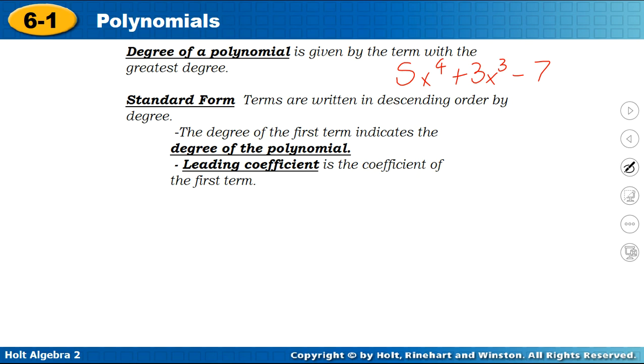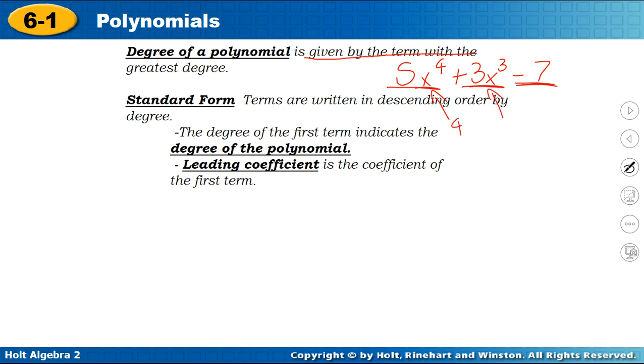But here, I just want the term with the greatest degree. So there are 3 terms here: 1, 2, 3. Identify the degree of each term, and whichever one's the highest is the one we're going to take as our answer. So this 5x to the 4th, that's a degree 4.